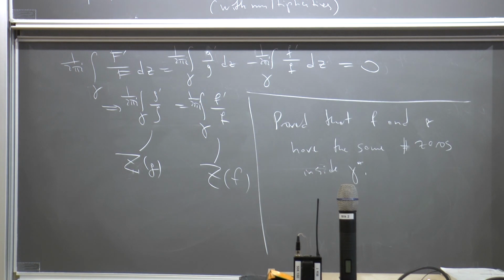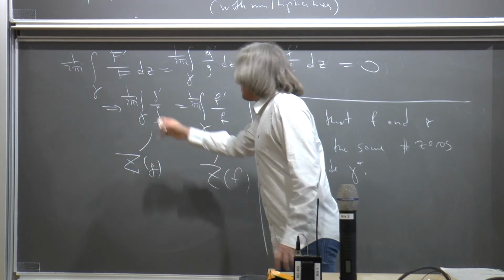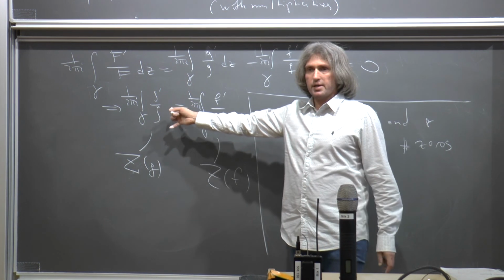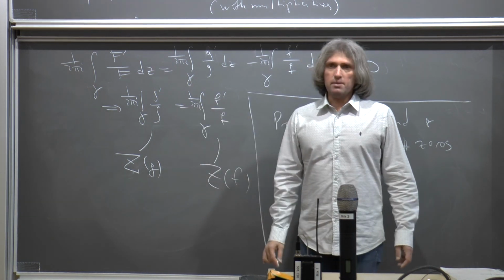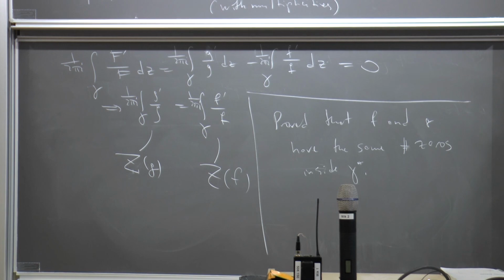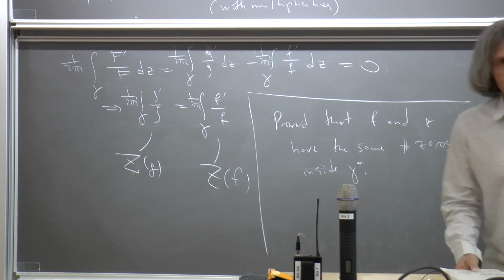So notice that since both f and g are holomorphic, there's no pole part in either of the sums. It's only the zero part. Okay? So the first thing we do on Thursday is apply this to reprove the fundamental theorem of algebra. So it's quite a strong tool.